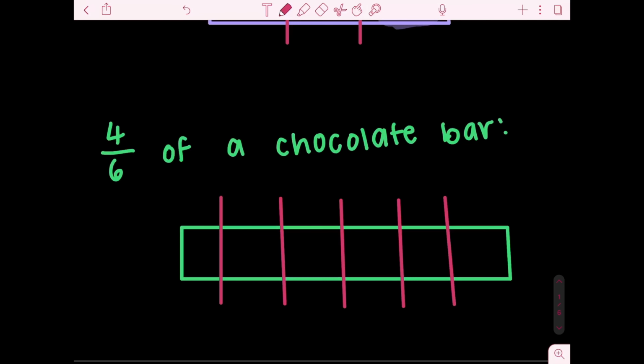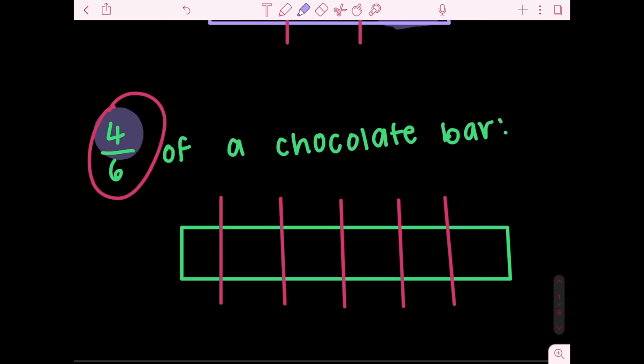And in reality, when you're doing this, all of these parts are supposed to be equal. It's just right now, there's no system of measurement for me, but just imagine that all of these parts are equal. Okay, so if we are looking at 4/6 of our chocolate bar, what we know is that we can only take 4 pieces out of our chocolate bar.